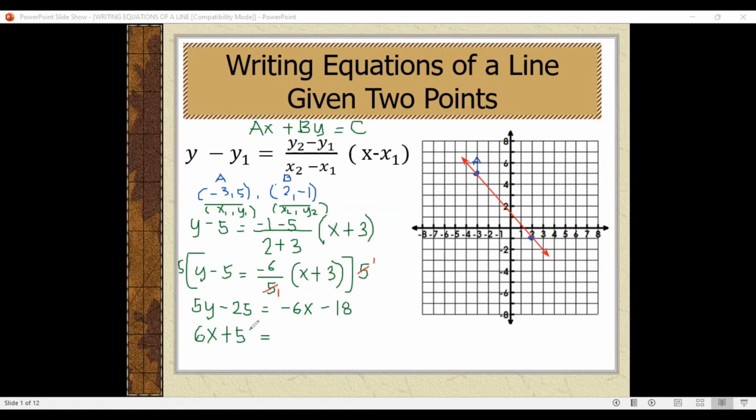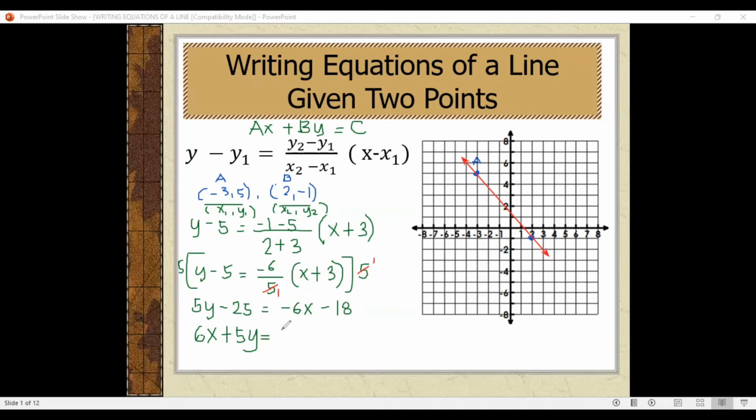As you notice, there is no existing sign here before the term 5y, but we know that that is understood to be positive. And then we now combine the -18, and for this to be eliminated on this side, there is a need for us to add 25.